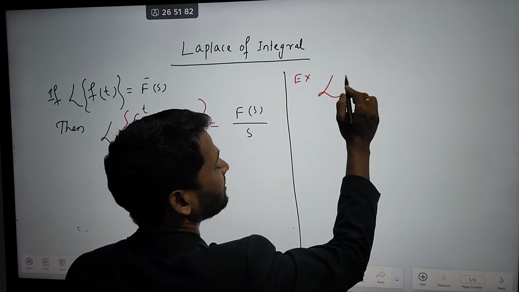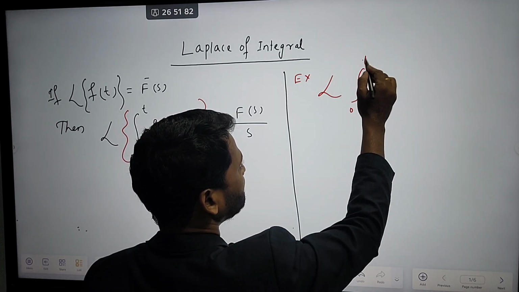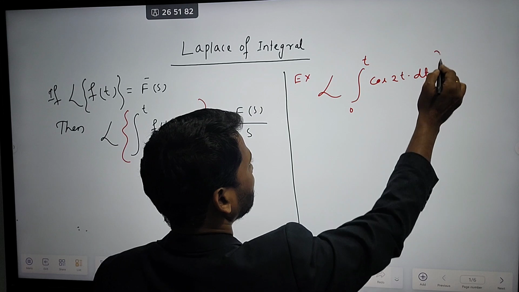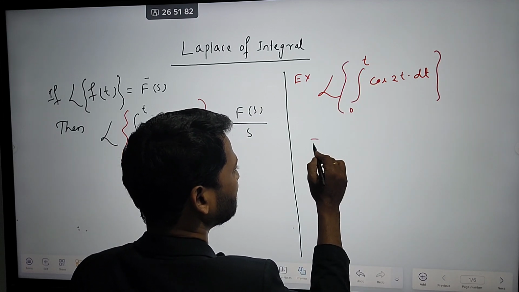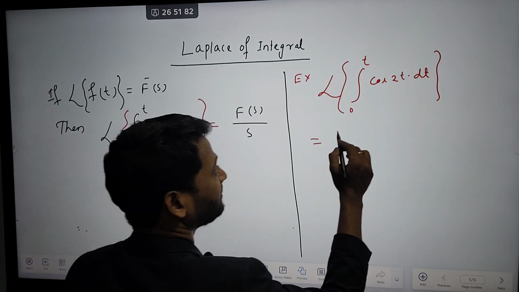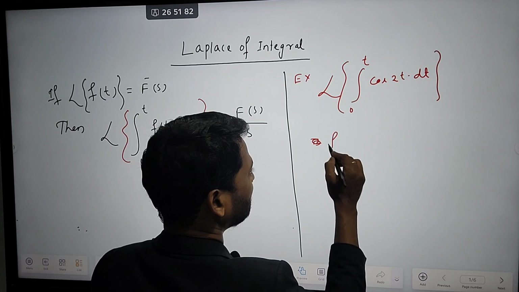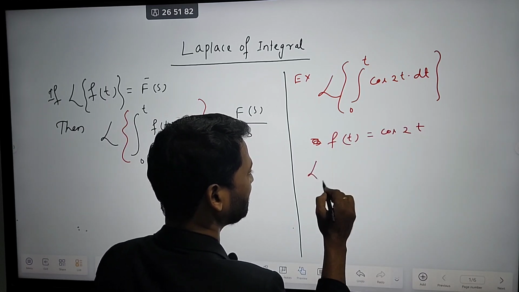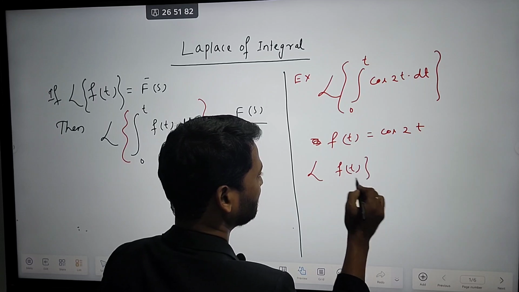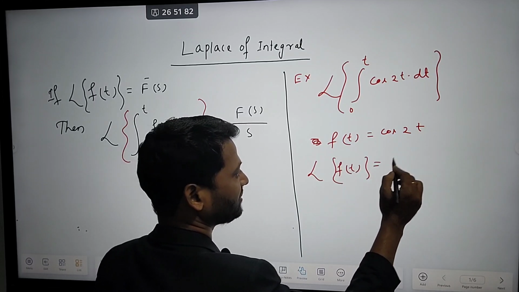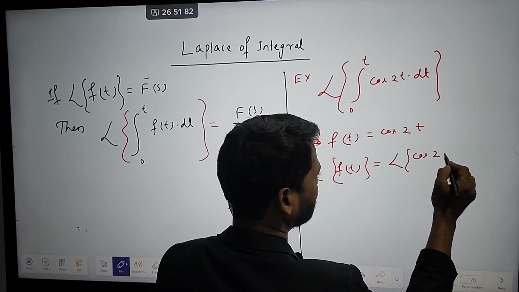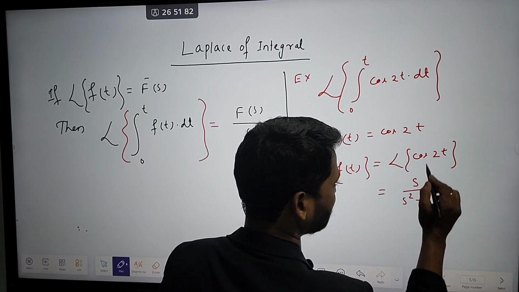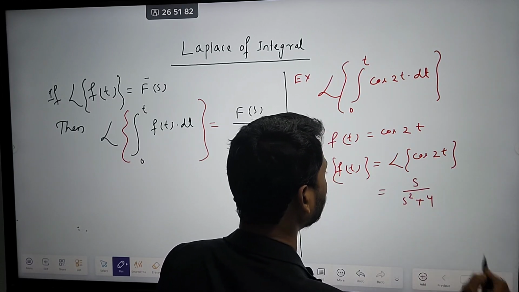We'll find the Laplace of the integration from 0 to t of cos 2t dt. So I'm taking a small example. See, your function here, f of t, is cos 2t. So first you take the Laplace of f of t, that is Laplace of cos 2t. Laplace of cos 2t is s by s square plus a square, a is 2, 2 square is 4.